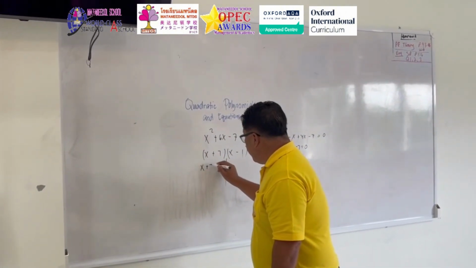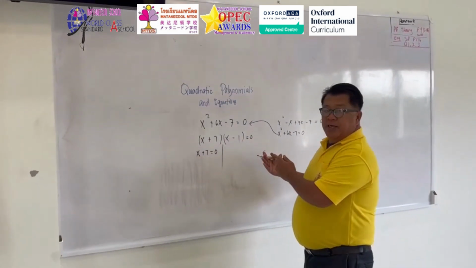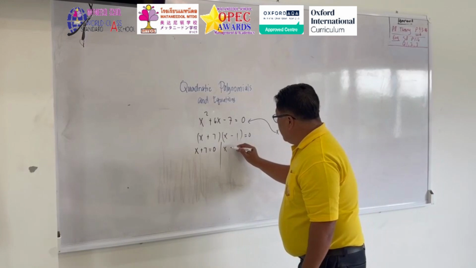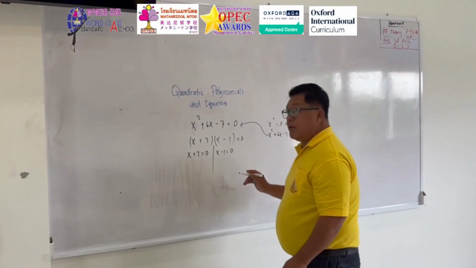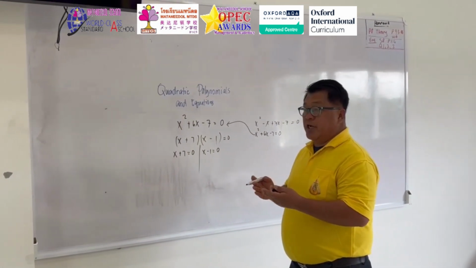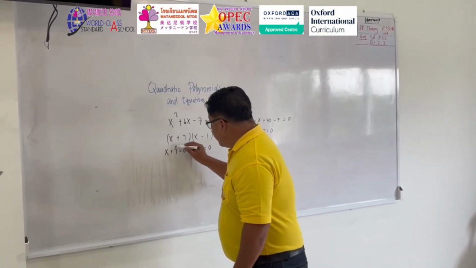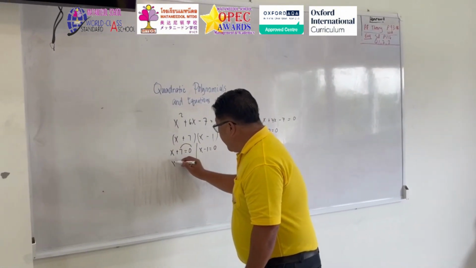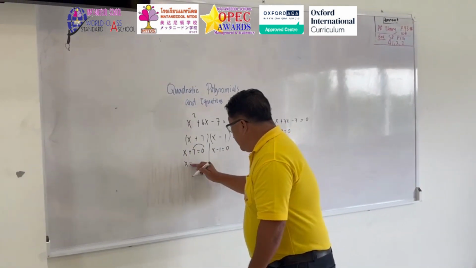Now, to get the value of x in this side, we have to do it this way. x plus 7 equals to 0. At the same time, and the other side is x minus 1 equals 0. Remember, when you transpose a number to the other side, the sign will change. So, if we transpose 7 in this side, we have x is equals to, change the sign of positive, become negative.